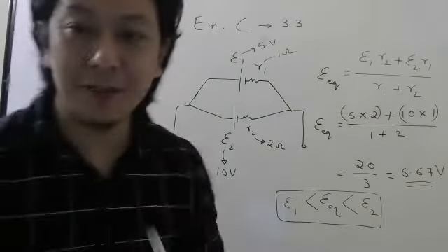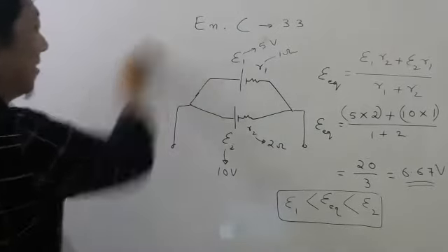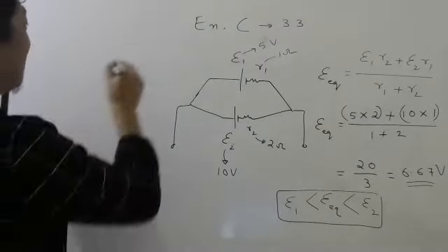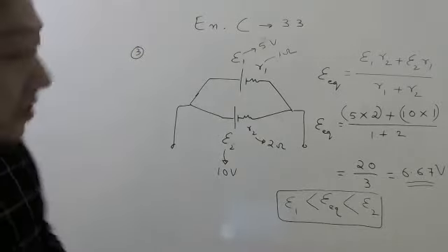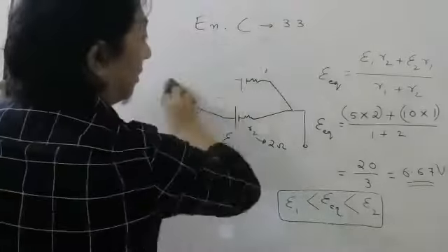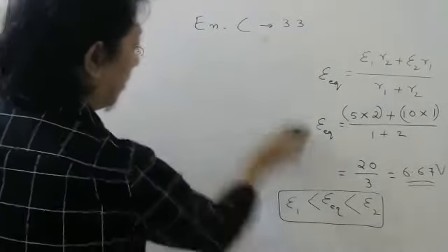Question number 3 is one of my favorite questions. Very nice question it is. All these are NCERT exemplar questions, and these days, as I told you before, NEET people are using NCERT questions for their exam.